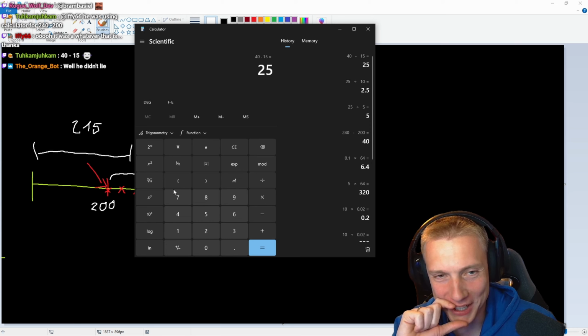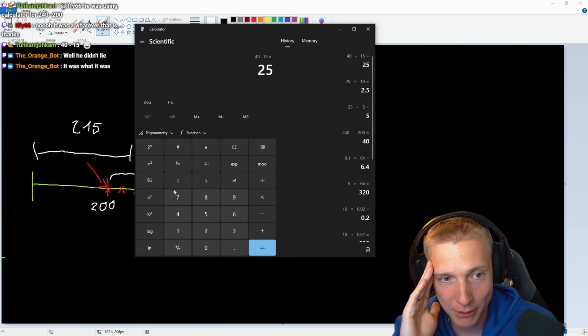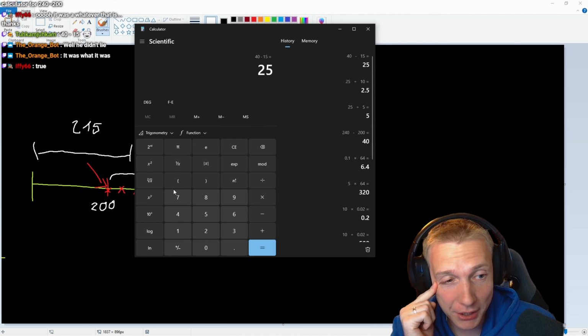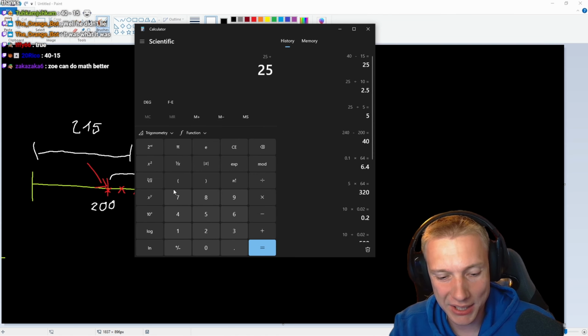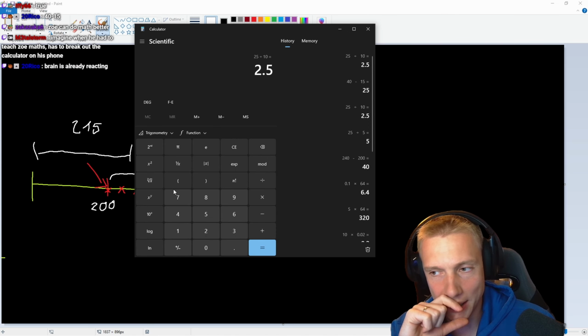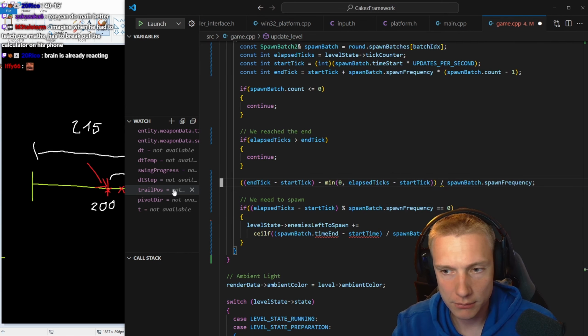14 minus 15. Yeah, guys. Okay, my brain is using power for something else right now. I don't want to spend any computational power on simple math problems. I'm trying to figure out something else right now. So 25 divided by 10, which is the frequency, is 2.5. So I guess I need to round it up, so this needs to be a ceil.